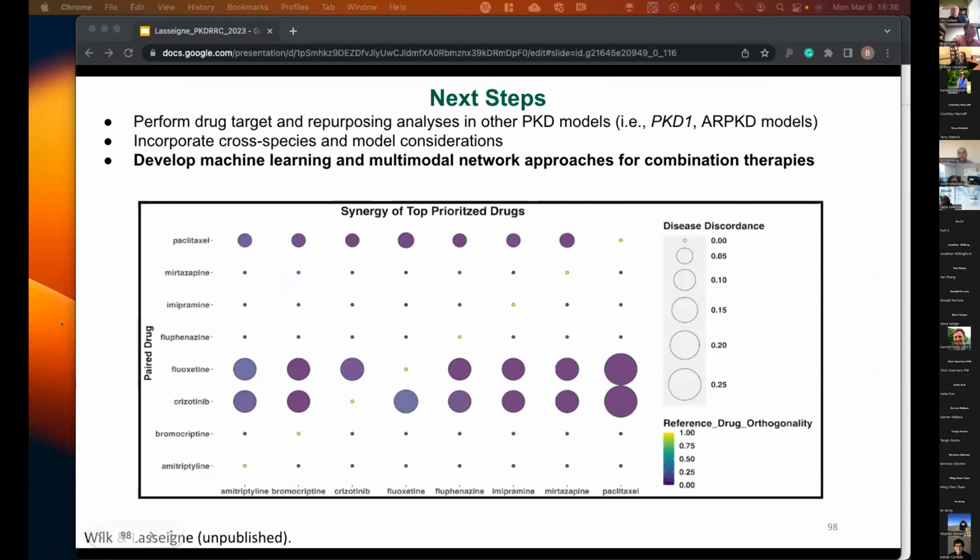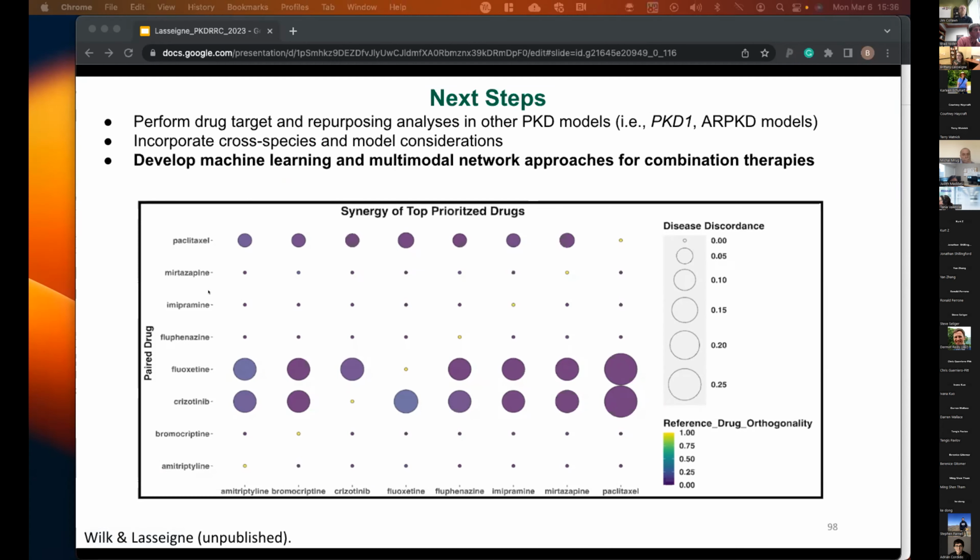Yeah, we see it. Okay, so one of the things that we've been thinking a lot about here is with respect to combinatorial. There's a lot of different ways one could do this. This is actually a figure from a grant proposal that we put in a couple months ago. And really this idea of if we combine drugs, so here are some of the drugs that I showed you today, not all of them, but just some of them here on the left side and on the right side.